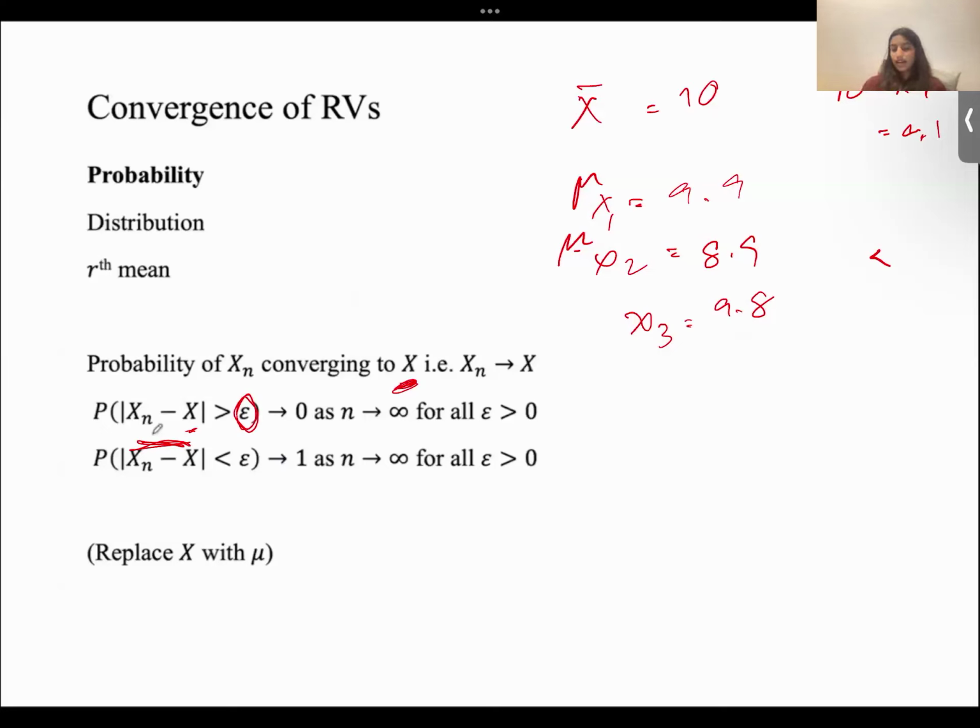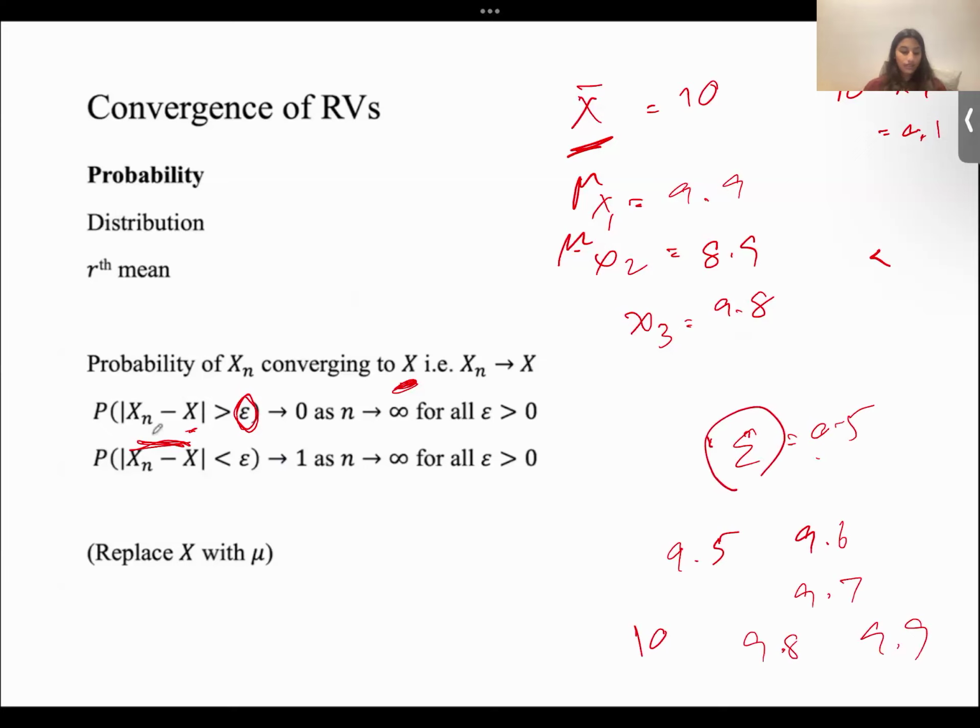Let's say I consider that the mean is close if the difference between your actual x bar and your given samples is less than epsilon, let's say epsilon is 0.5. This means your means could be 9.5 or anything greater than 9.5, like 9.6, 9.7, 9.8, 9.9 or 10. So the difference between xn minus x has to be less than epsilon to be considered converging.